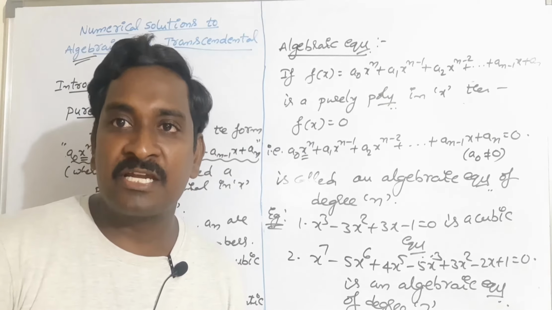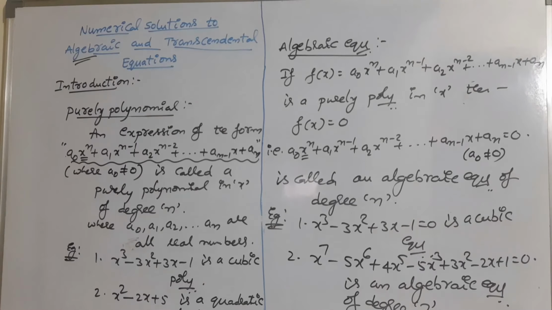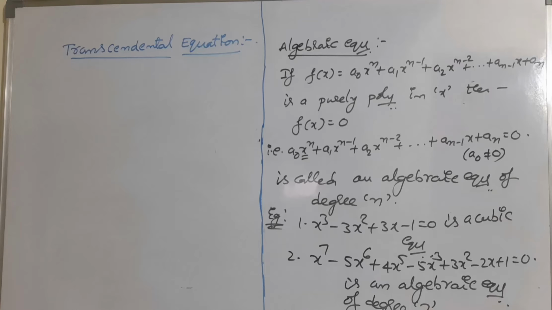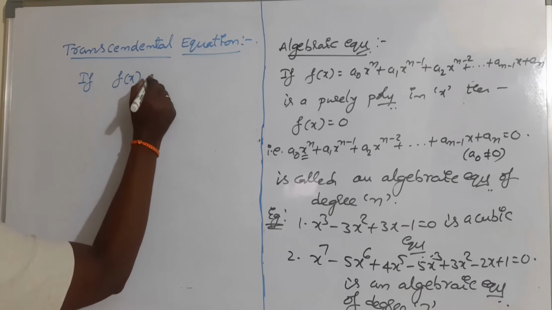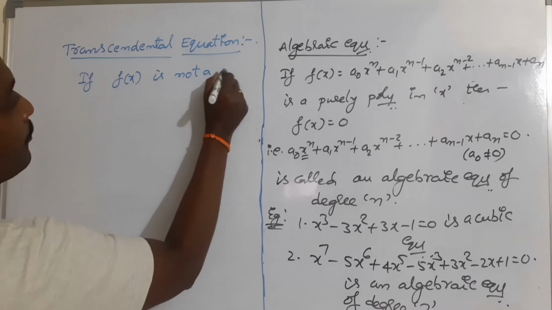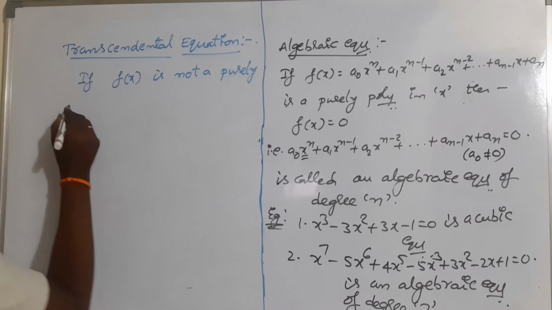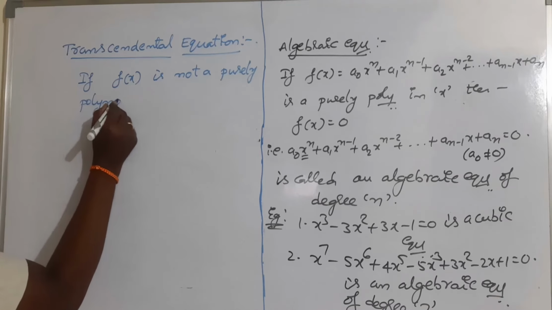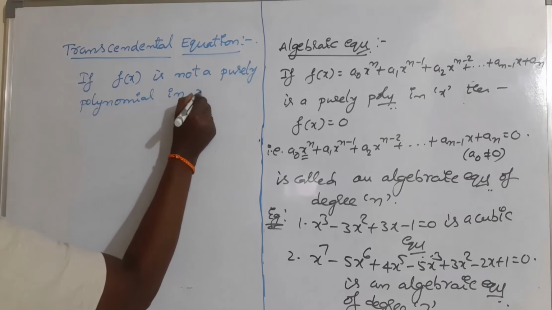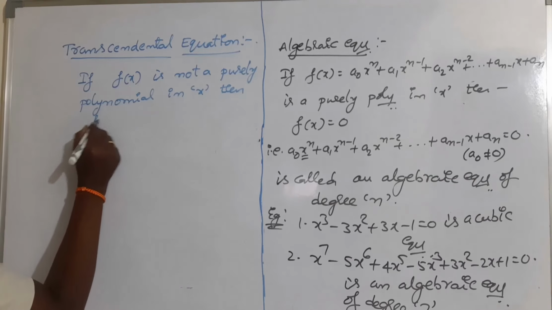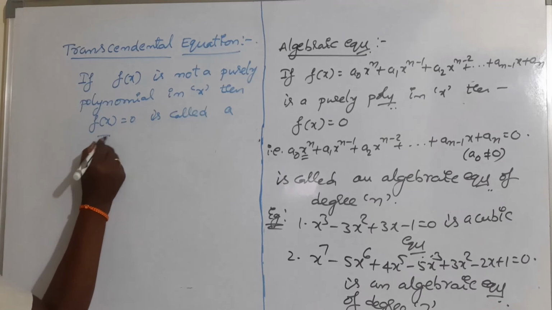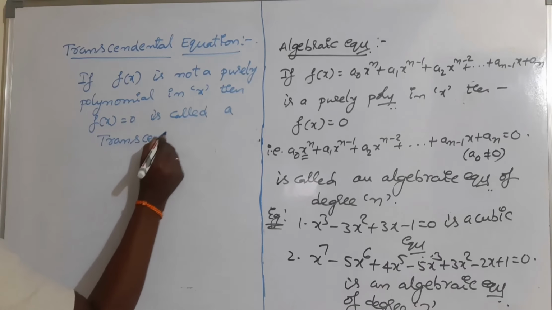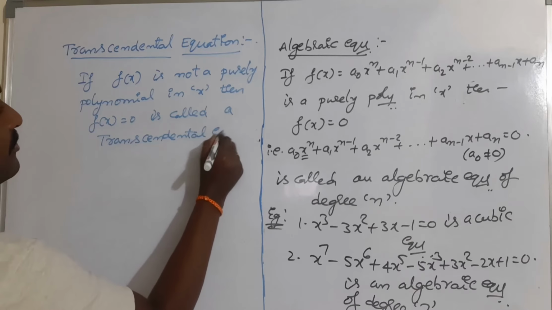Okay, see the definition of transcendental equation now. If f(x) is not a purely polynomial in x, then f(x) is equal to 0 is called a transcendental equation.